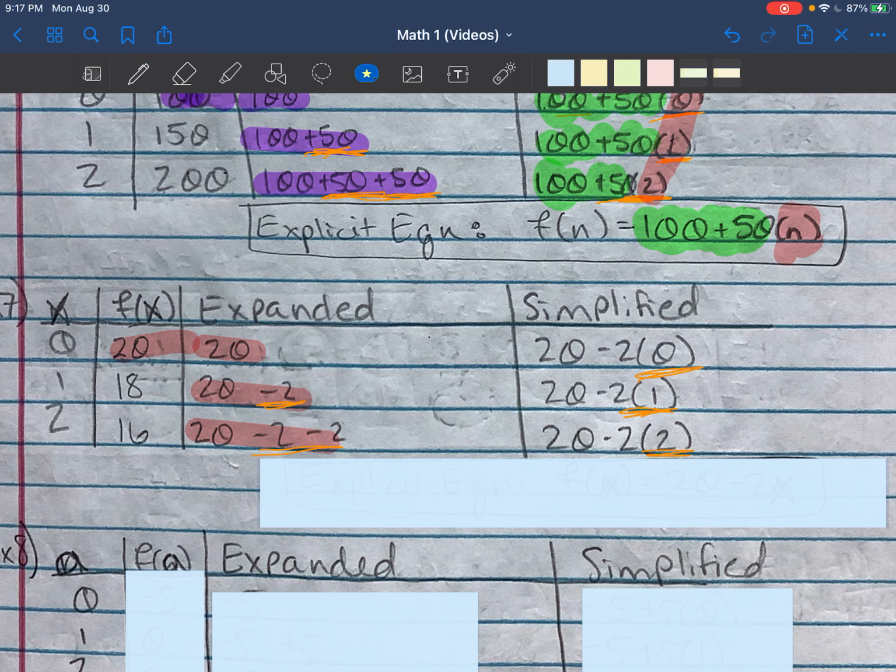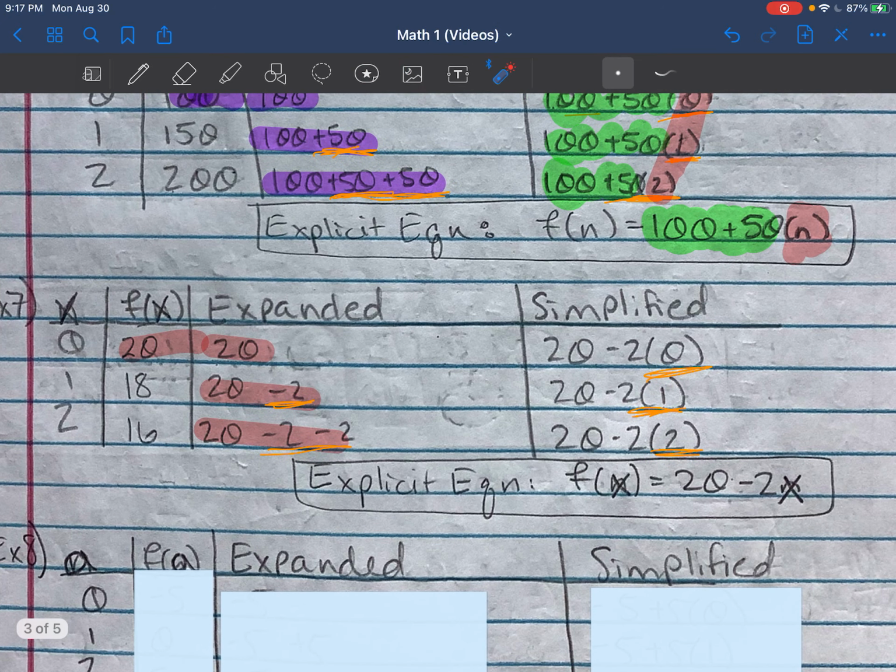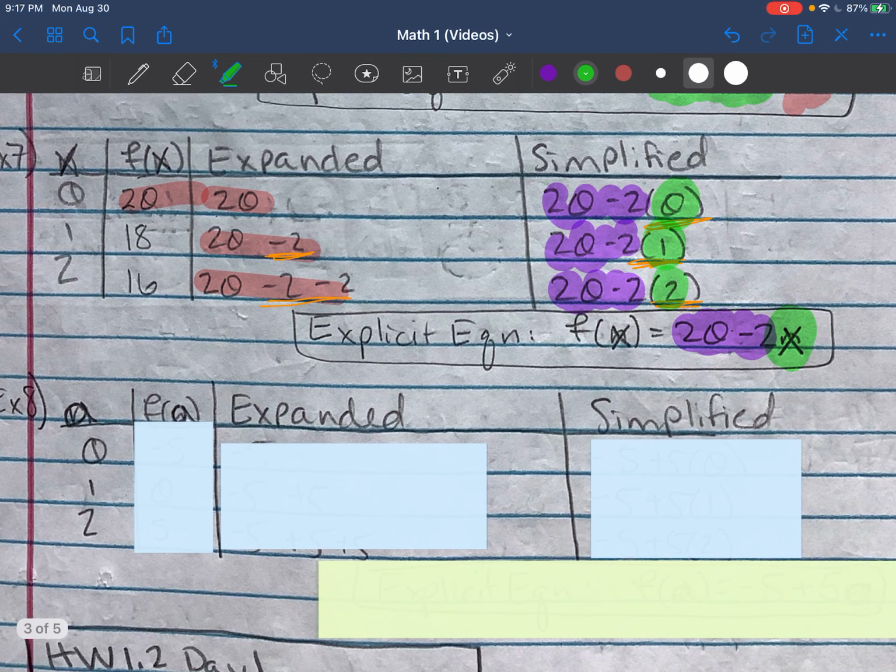So when I write my explicit out, it's going to be f of x, because this is an x here, and this is an x here and here. And therefore, I have 20 minus 2, that's always there in my simplified. But the thing that changes is my number in the back, so that's going to be my x. If it always changes, that means we don't know what it's going to be at some random time.